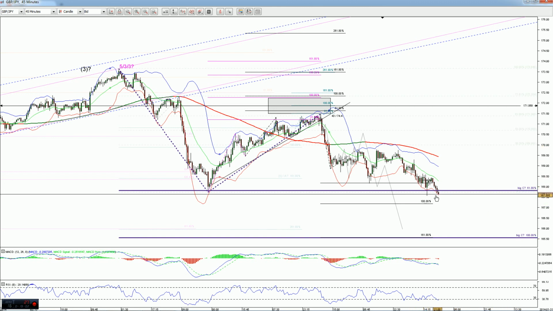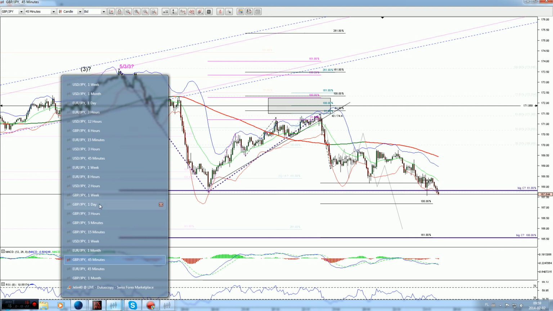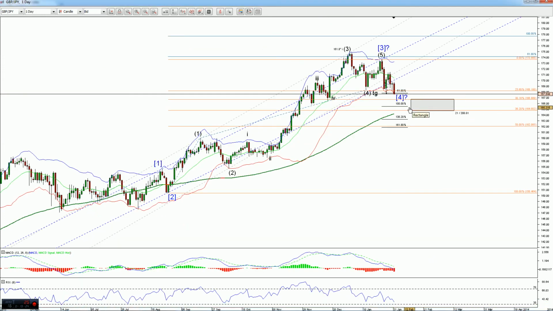Okay, it's currently, as you can see, reacting to this, but this time this is a bigger A, a B, and a bigger C, and this C wave typically develops up to 100% or even more of the A wave. Okay, and if you go to the daily, you can compare those levels, and this will go into this area.